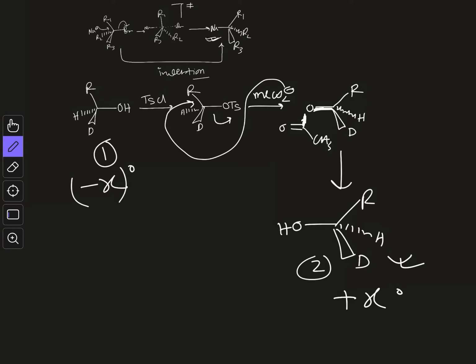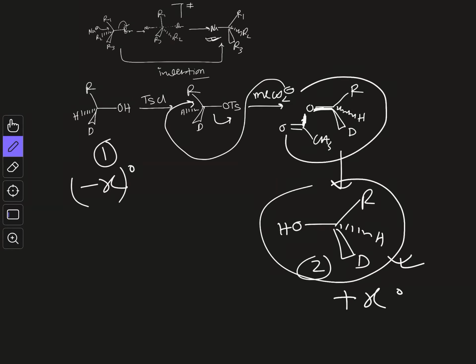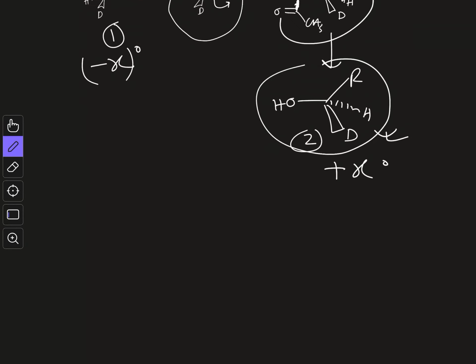So whatever configuration of this, the same configuration will be for this one, because we are not breaking the bond which is attached to the chiral center. So this particular example proves that indeed in the SN2 reaction inversion occurs, and even better proof is there.